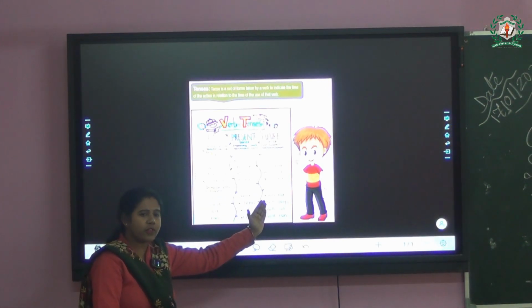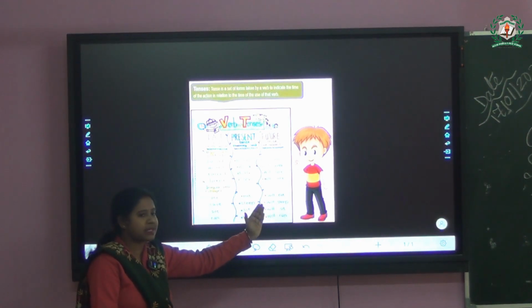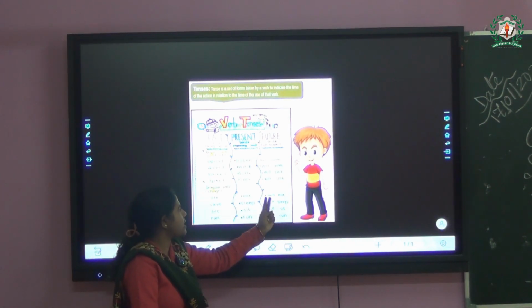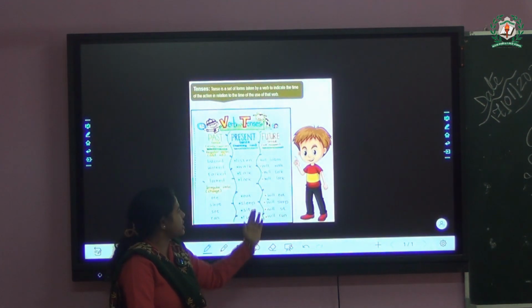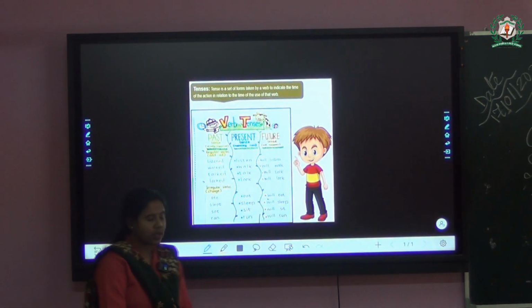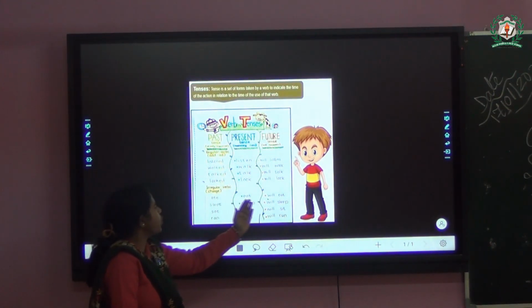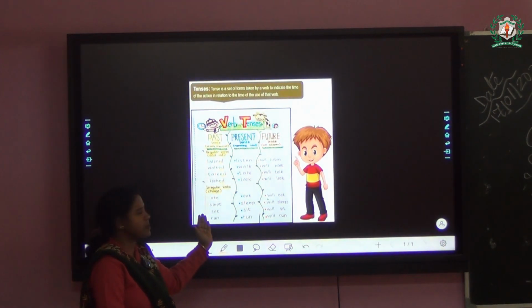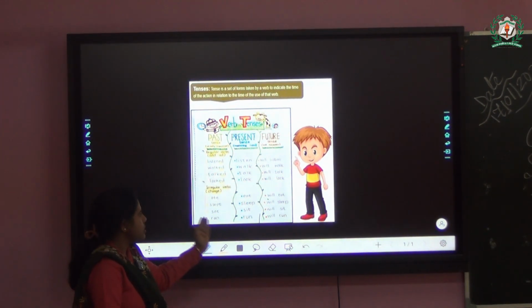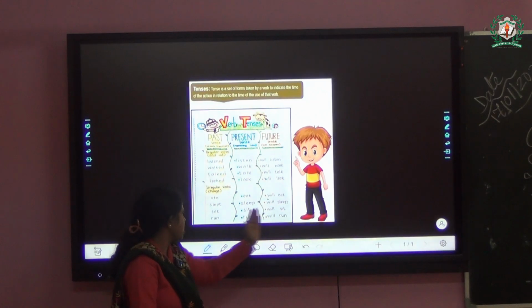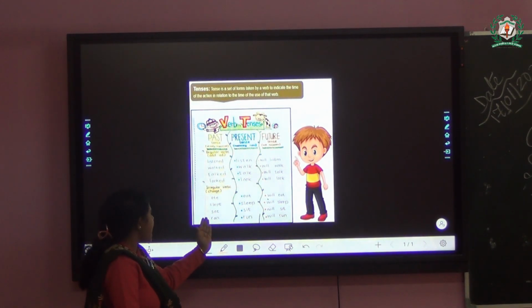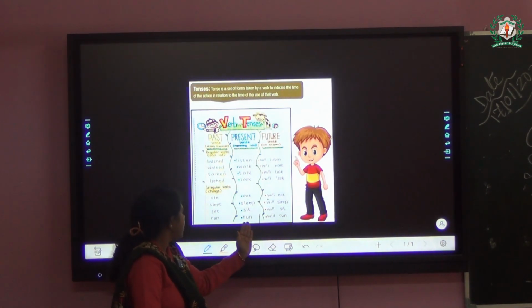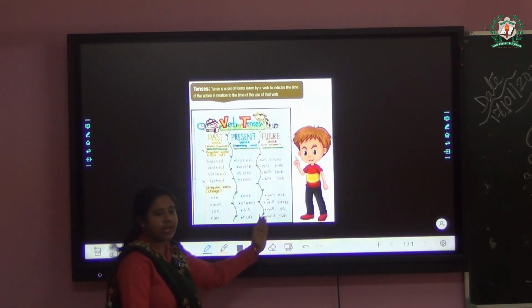But the future form will remain the same. The rule is the same. You have to add will to the present form and you will get the future directly. That is, will eat. So, eat, ate, will eat. Likewise, sleep. In past form, it becomes slept, will sleep in future. Sit, sat, will sit. Run, ran, will run.